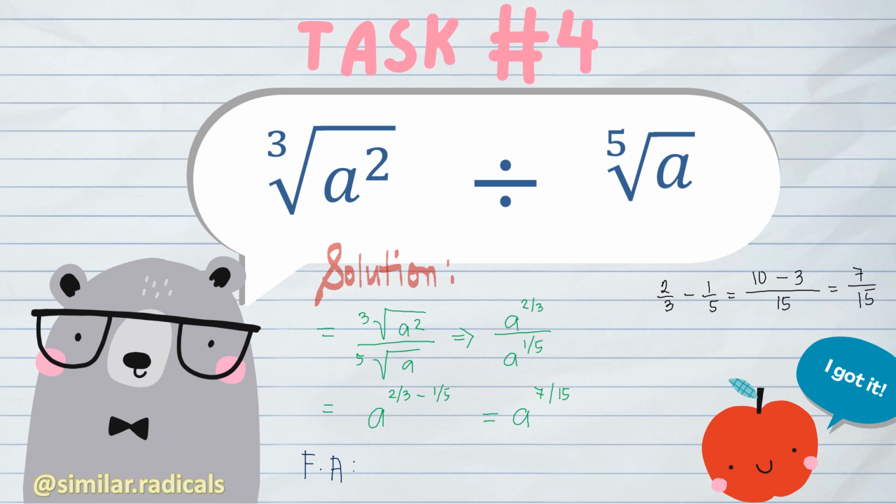If in case your teacher would require you to write your final answer in radical form, you're gonna have the 15th root of a raised to 7. So again, 15th root of a raised to 7. So for our final answer, we have the 15th root of a raised to 7.